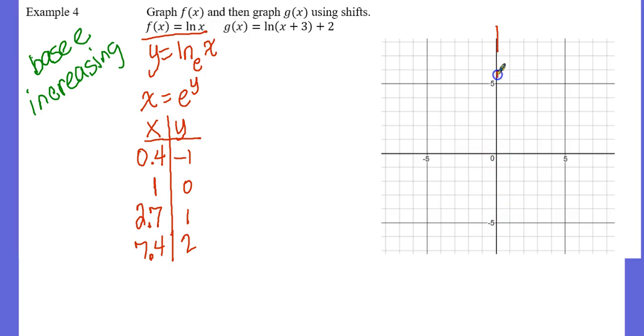Put your vertical asymptote in there. You're just never going to cross that on a base function for a log. So we're going to go over almost a half, down 1; 1, 0; and then 2.7, up 1; and 7.4, up 2.